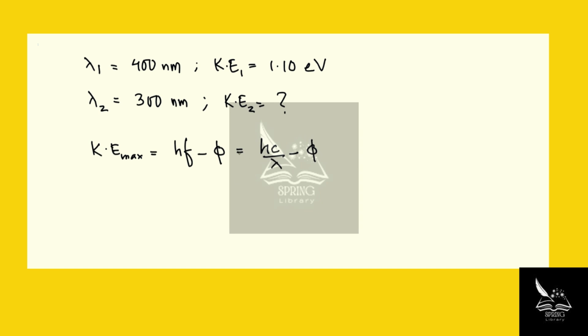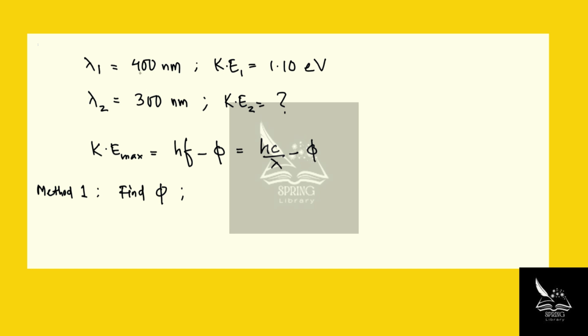Now, there are two methods to solve this problem. So, method one could be to find the work function using information from the first case where you have both the kinetic energy and wavelength given. So, you can find work function, phi, and this is going to be the same work function for the second case as well because you are using the same metal.